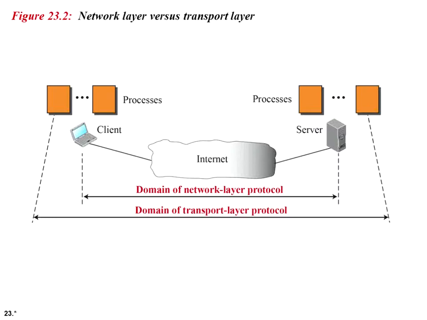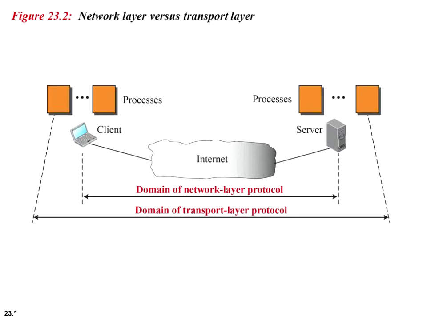The network layer, which we have discussed earlier in chapters 18 to 22, is responsible for communication at the computer level, that is host-to-host communication, and network layer protocols can deliver the message only to the destination computer.